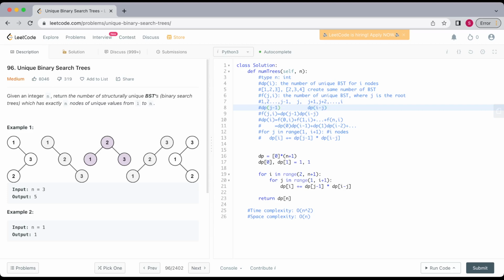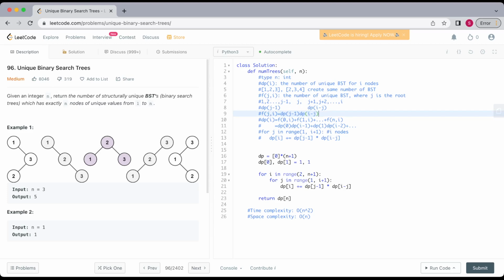Then we have dp[j minus 1] choices for the left subtree. So to form the entire tree, we have dp[j minus 1] multiplied by dp[i minus j]. This is the number of unique binary search trees for i as the total node number and j as the root for the tree.